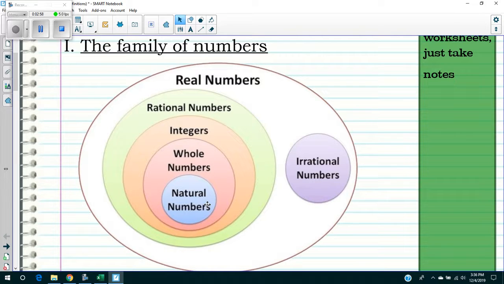And I really hope that you don't just know the definitions, but also know the meaning behind these definitions and really understand where these numbers and the categories come from.